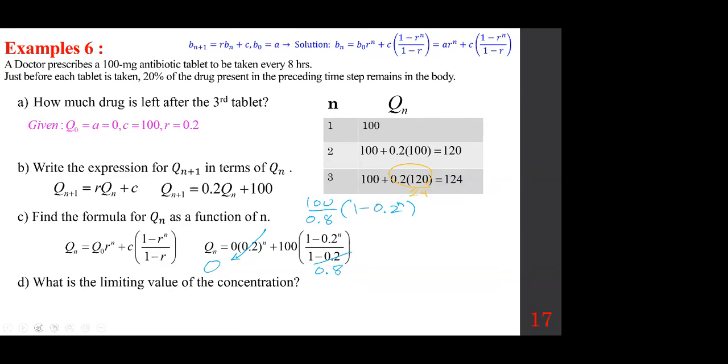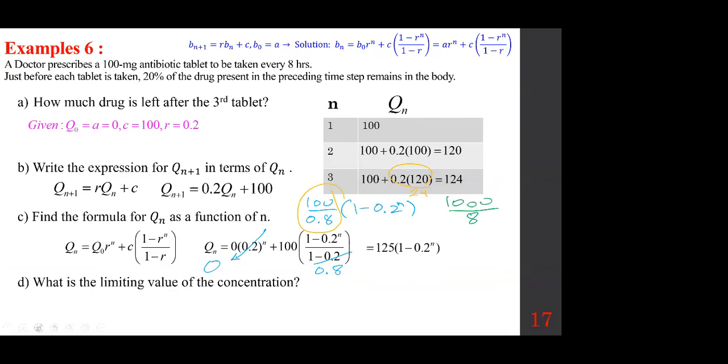And 100 divided by 0.8 is the same as 1000 divided by 8, which is 125.